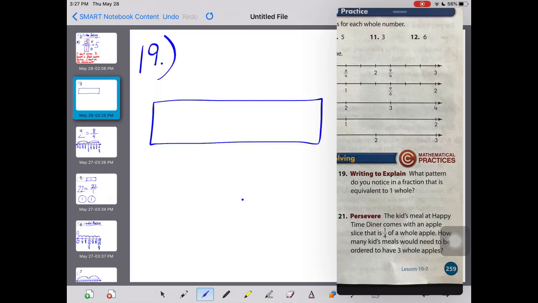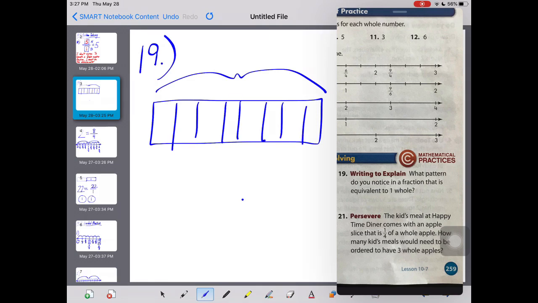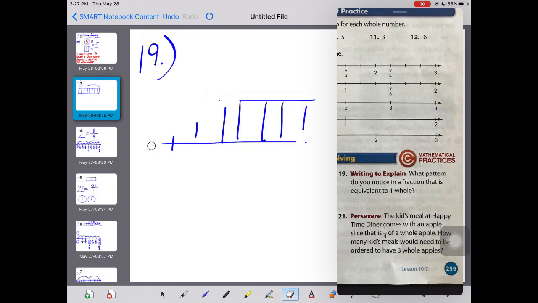And then maybe split it up. What would that look like? And do you see a pattern there, something that's similar that's happening? Why don't you pause the video and think about it, and when you're ready, come on back and let's discuss it.